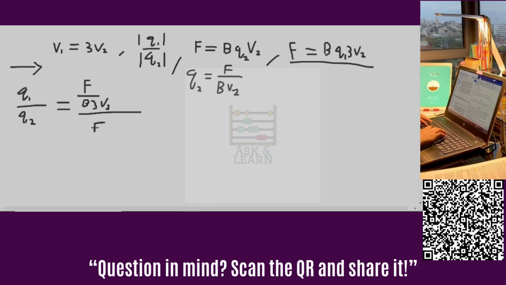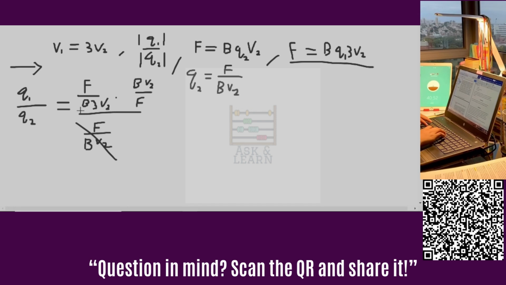F divided by B V2. And we can see right away, you can rewrite this. Instead of having this in the denominator, you can flip it and move it into multiplication here, times B V2 divided by F. This might make it a little bit easier for you to see what's going on here.